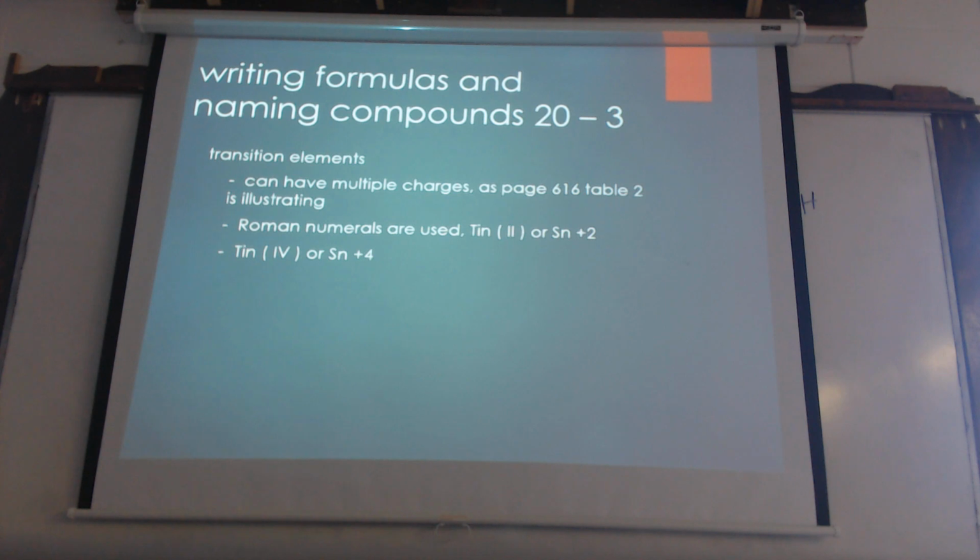Bismuth can be +3 or +5. Those are elements that have more than one type of charge or oxidation state. An oxidation state just means the type of charge it has. If it gained an electron, it's -1. If it lost an electron, then it's positively charged.